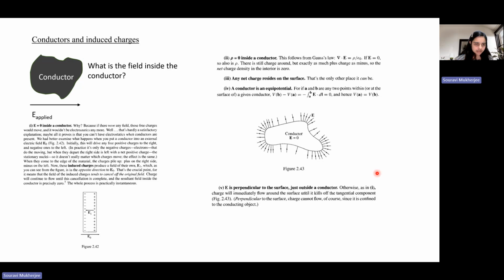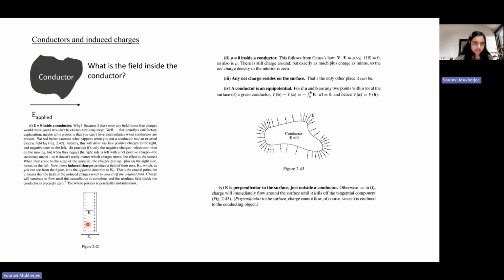What resulted from this redistribution is that inside the conductor, we get an electric field equal and opposite to the applied electric field, which results in a net zero field inside the conductor.